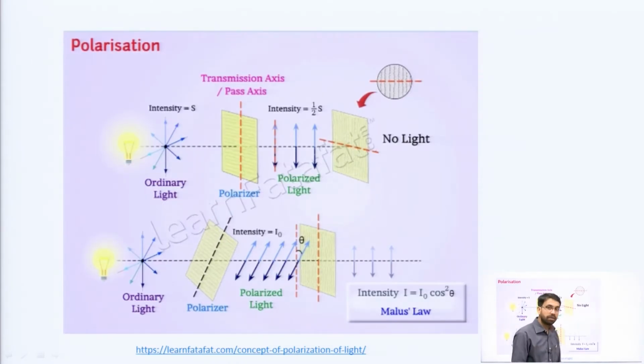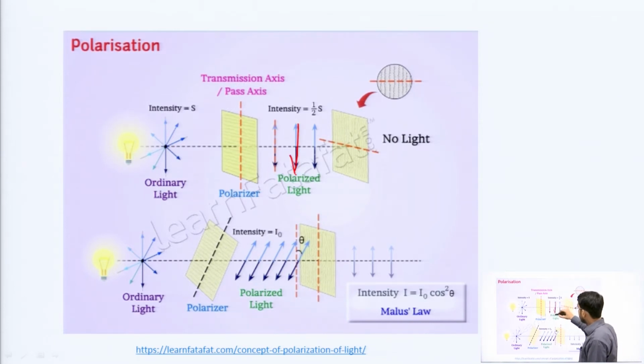This is one more diagram, taken from the internet. Again, this is an ordinary, unpolarized light ray of intensity S, and this is a vertical polarizer. When the light ray passes through this polarizer, it is now polarized light and the vibrations are only in this direction.